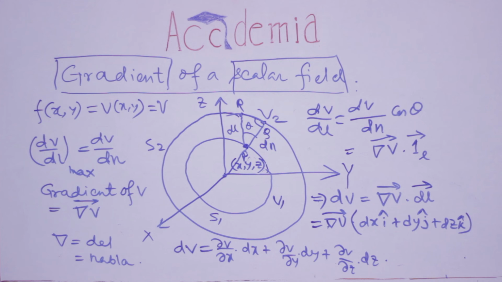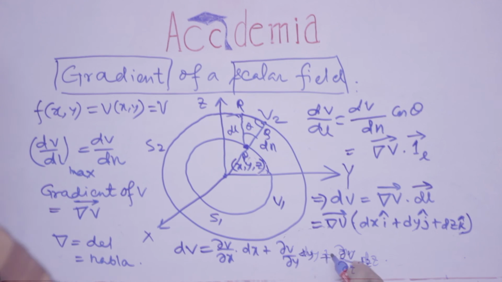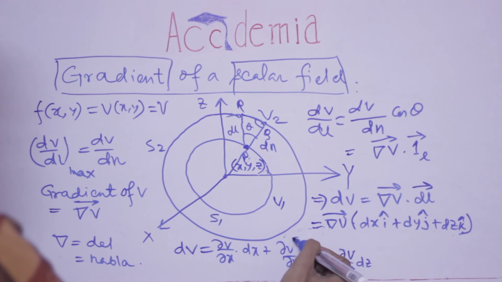This is a very well-known partial differentiation form. Now these two expressions of dv are equal to each other. How do we equate them? It's very simple actually.